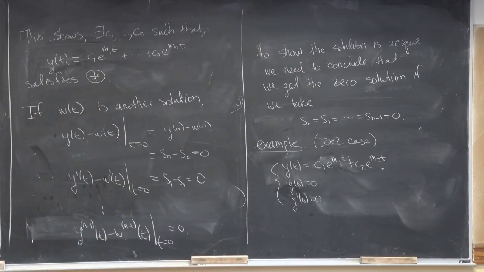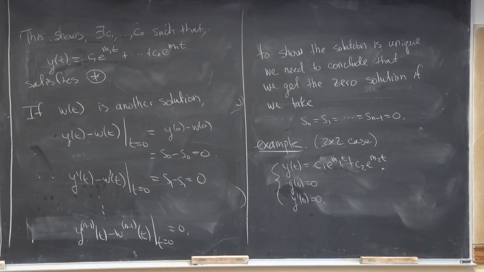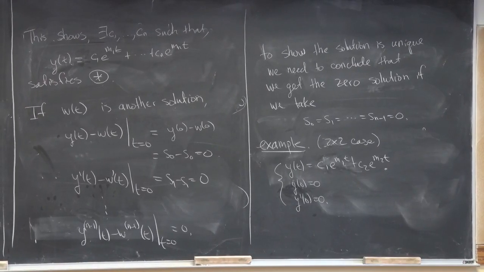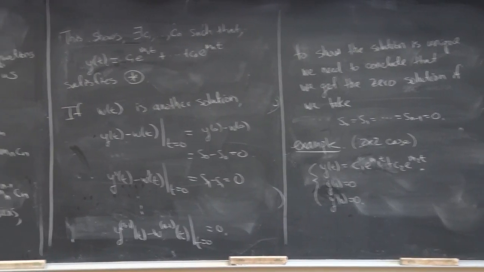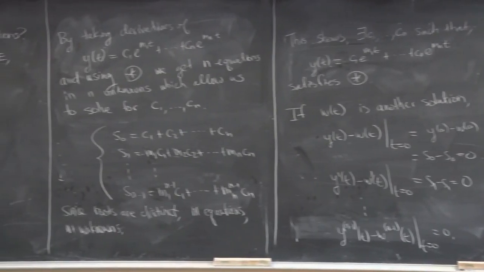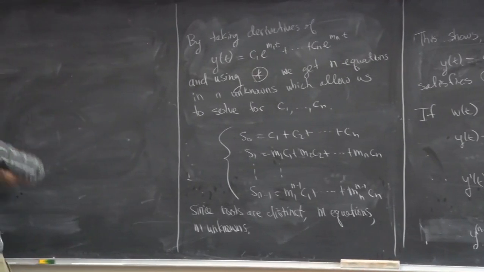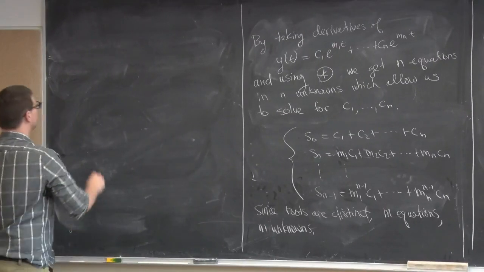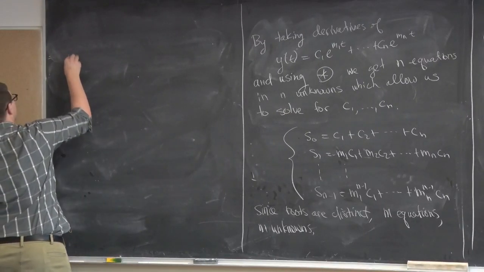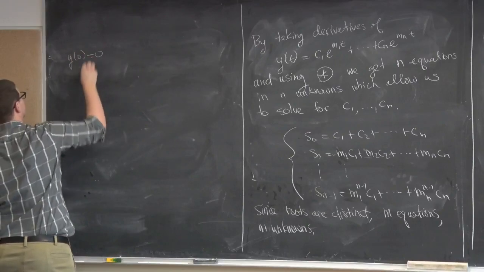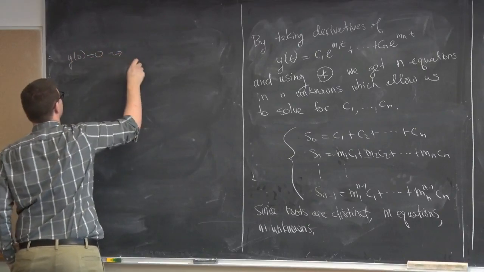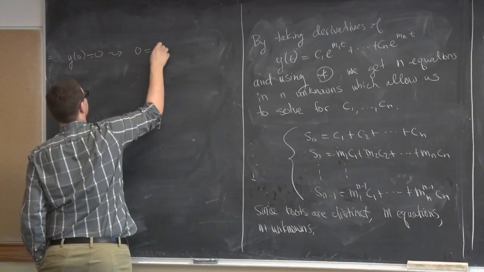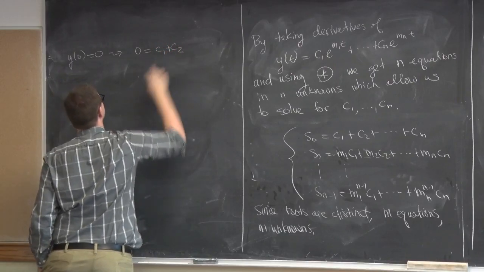So this is what happens when you take two solutions that have the same initial conditions and you subtract them. All right? So the y of 0 equal to 0 condition gives us that 0 is equal to c1 plus c2.